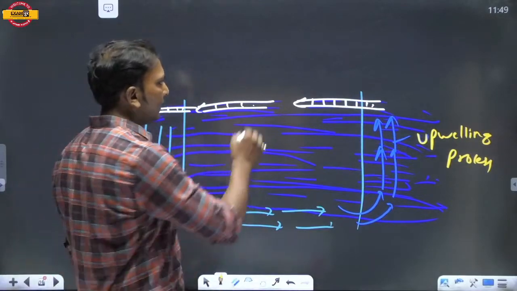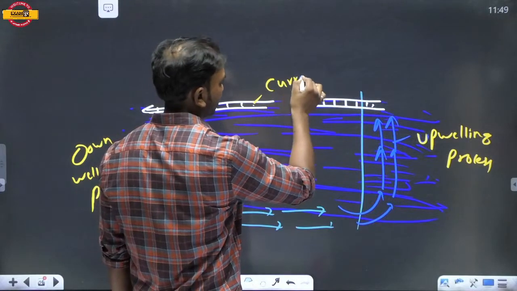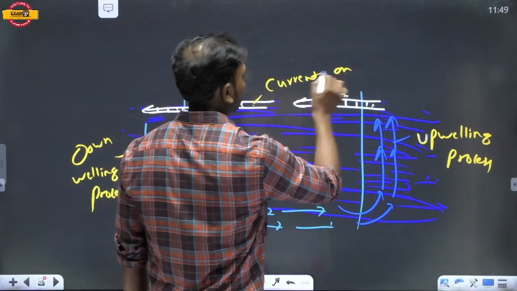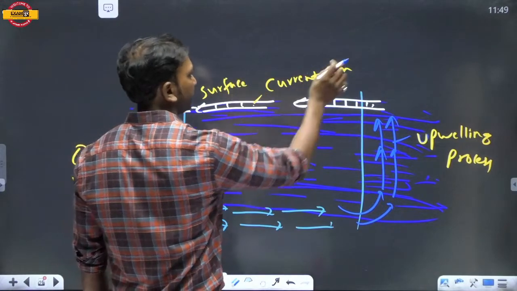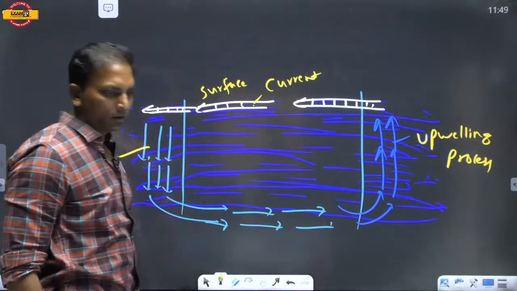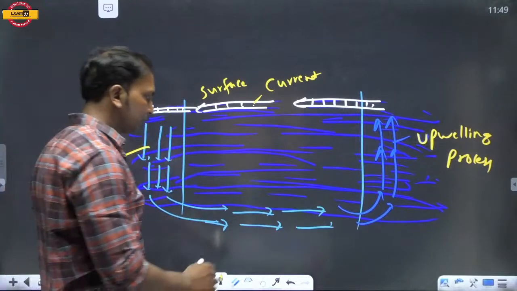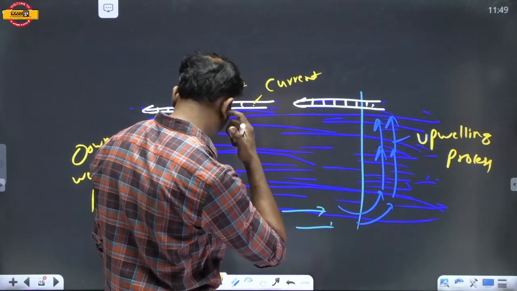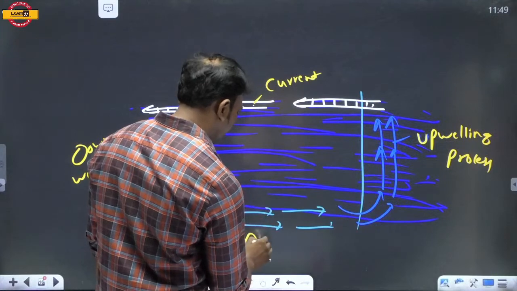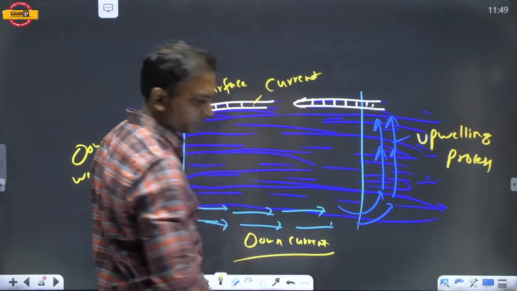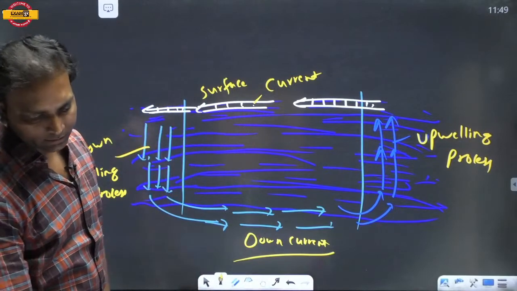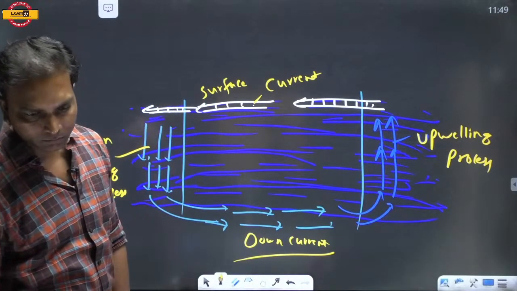So now you can see here it is the surface current, and this side is the down current.